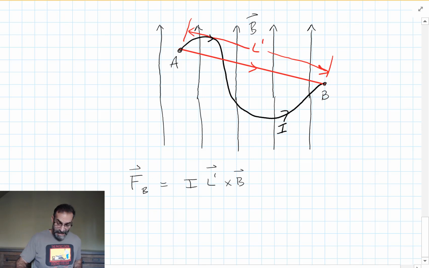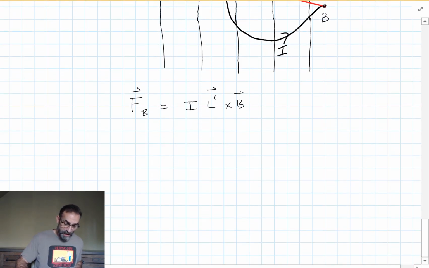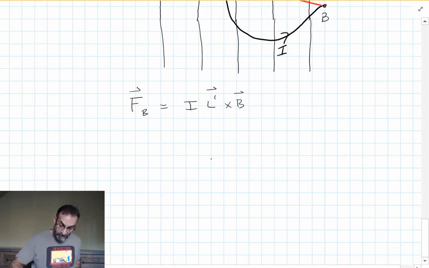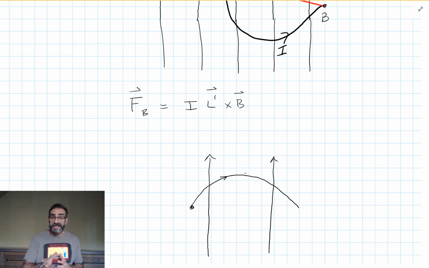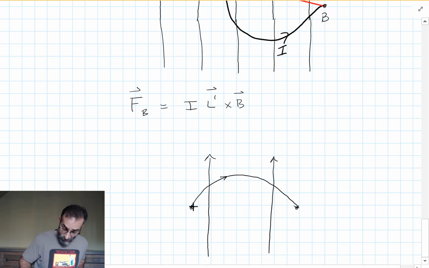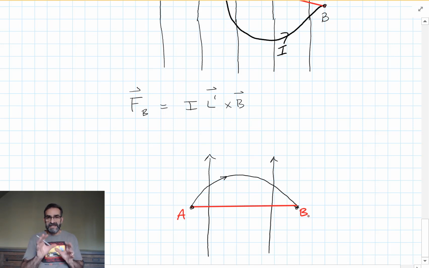And the reason for that, let's zoom in on one little region here. If we zoom in a little bit, we see that the current direction, we can break up the velocity of the charges into components that are parallel to the line that connects A and B. I'm just going to pick a little subset of my big path.